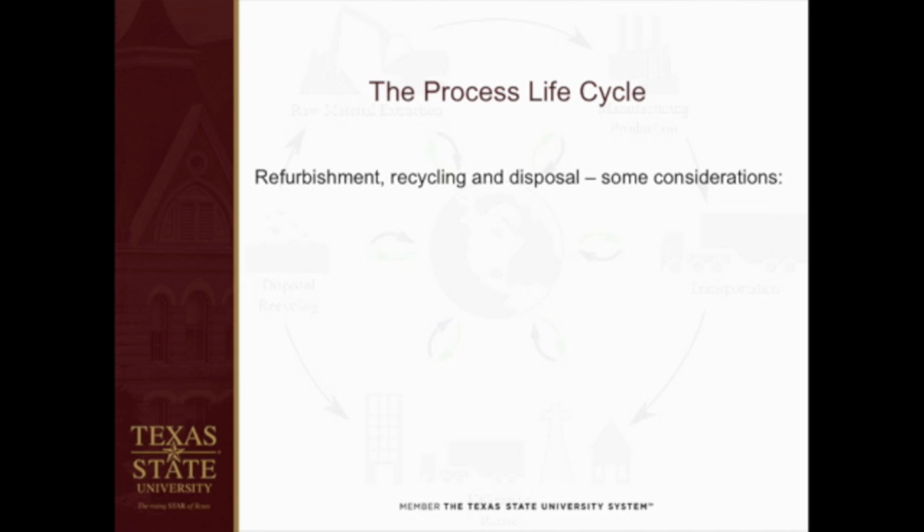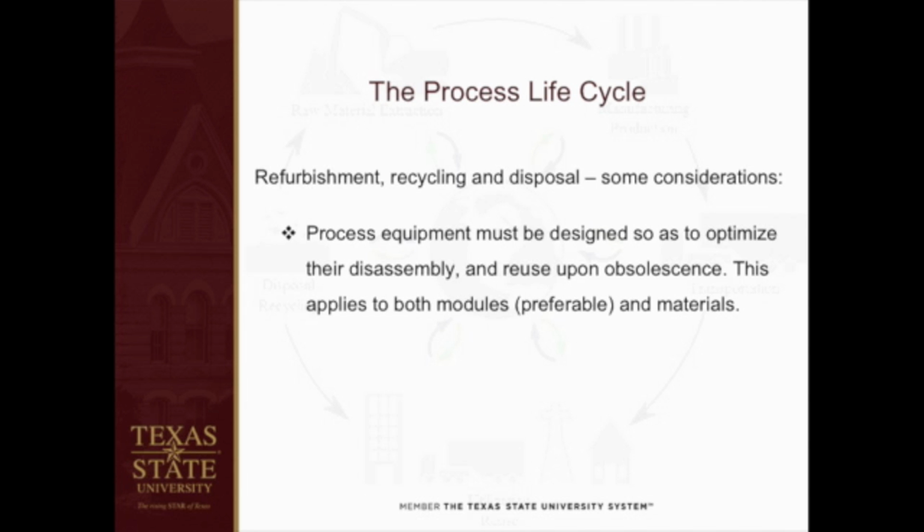The last step, right, after the process has run its course, it's at the end of its life. We must have given a lot of thought during the process design to ensure that this process is optimized for disassembly, making it easier to find out which parts can be recycled and which have to be disposed.